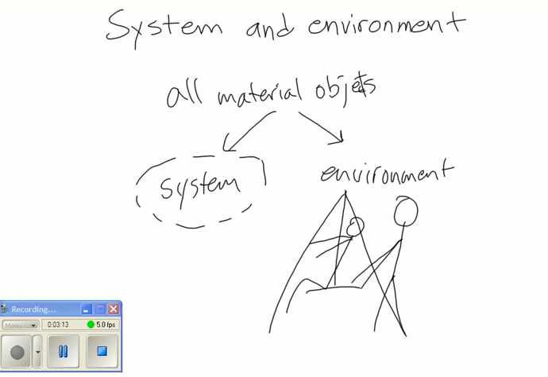So pick a system of objects. In a description about pushing the swing, let's include planet Earth, and let's include the kid on the swing. There's no wrong or right choice for what's in the system and what isn't.